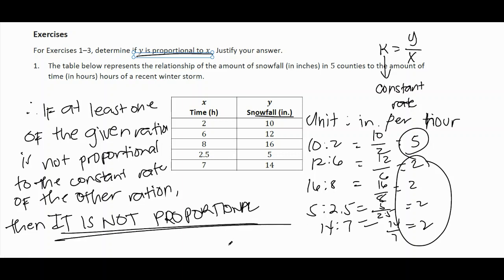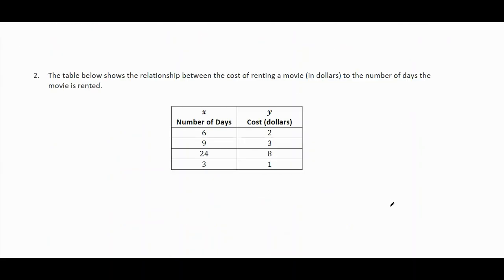Okay, so always remember that if at least one is off, it's not going to be proportional.